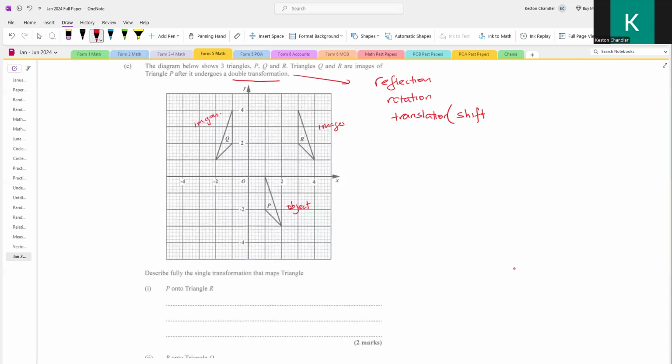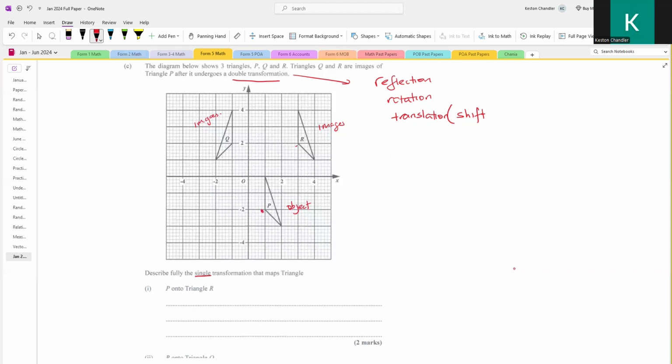Describe fully the single transformation that maps triangle P onto triangle R. So we're talking about these two here, right? Now, if something is rotated, then the points are going to be in a different orientation, right? If you look at this, this is still here and this is still here, meaning that the orientation of the triangle didn't change.